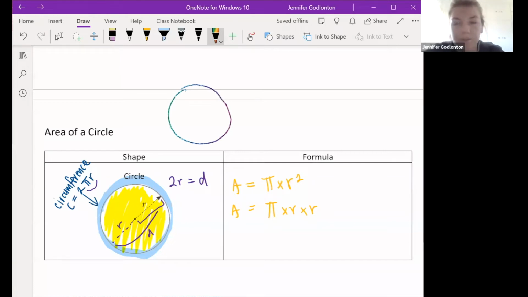If we have any circle and we take the circumference of that circle, and we divide it by the diameter of any circle, we get the same number.